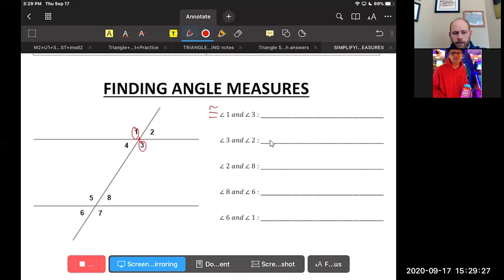Come on, gents. Give me something. Zeke, join us. Help me out. What are angles 1 and 3? What kind of angles are they? They share a vertex. They're opposite. We're stumped.